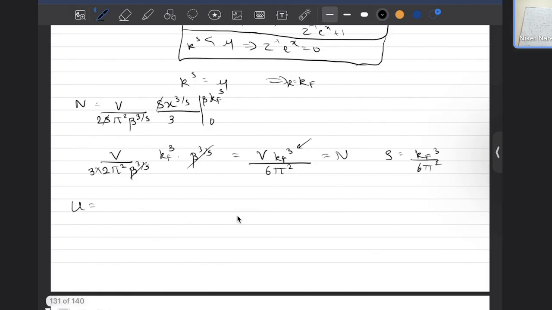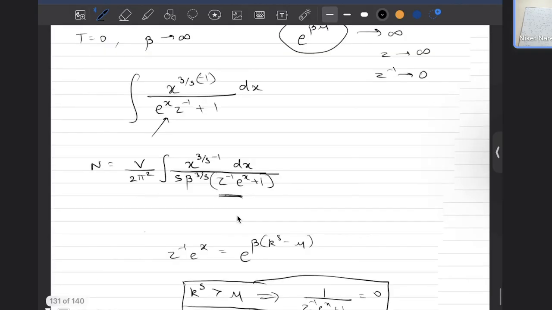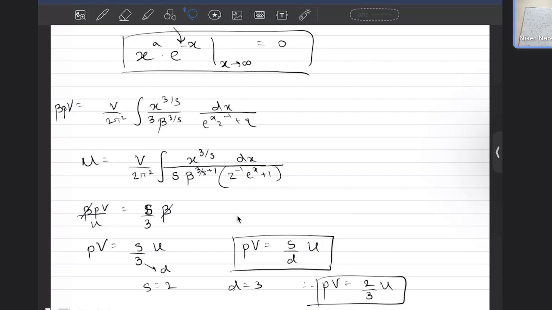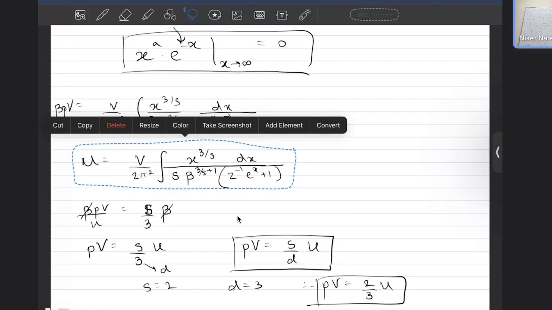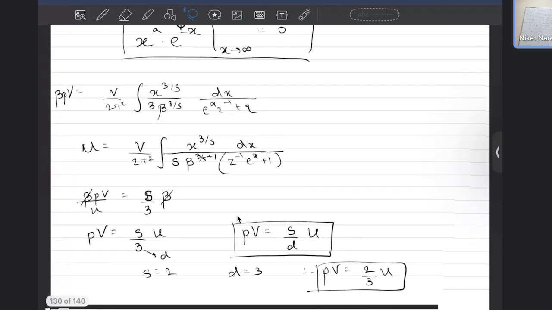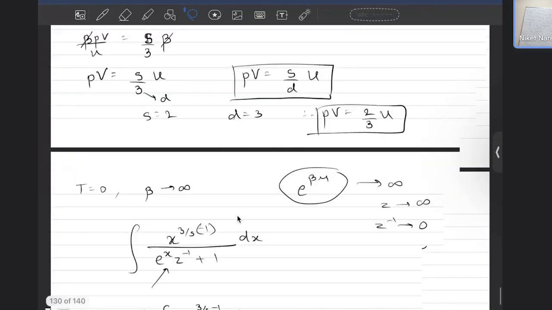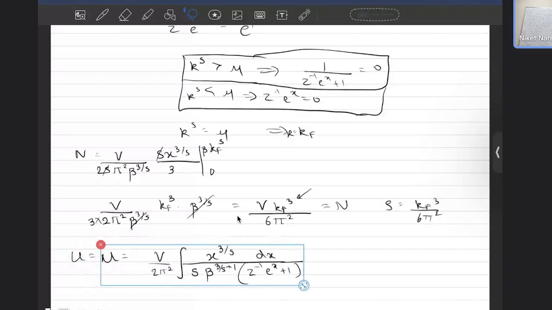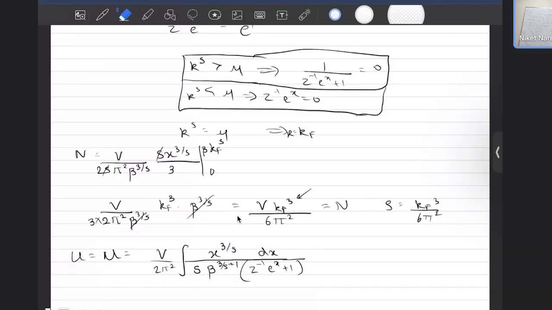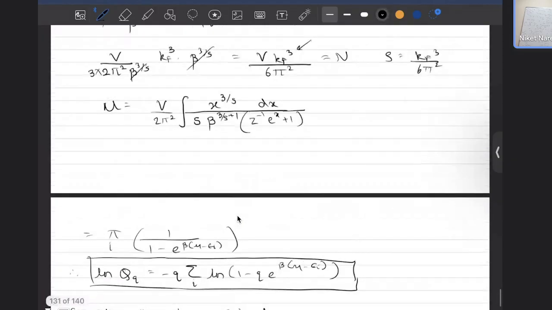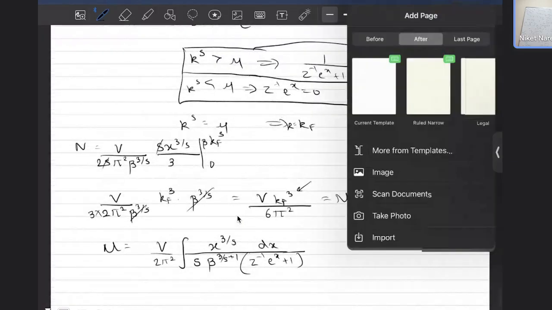So what is u? U is this expression. And again, the integral is going to be similar.